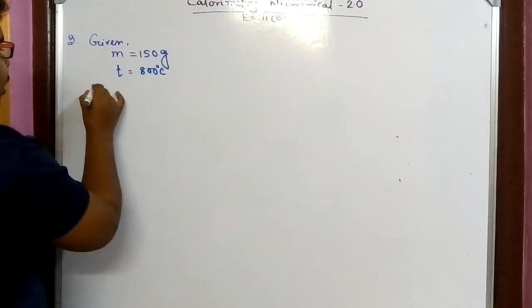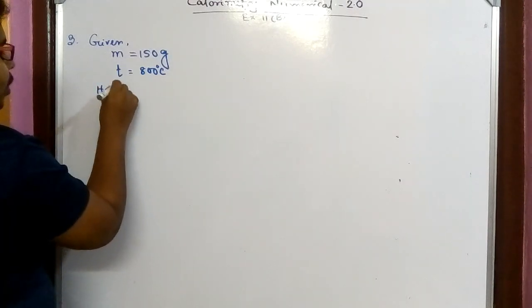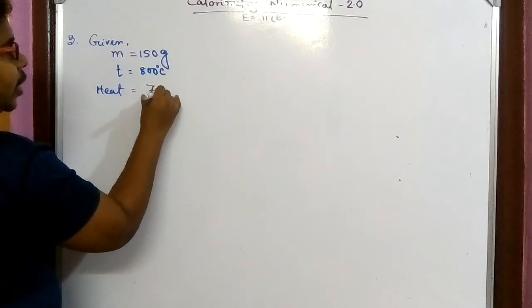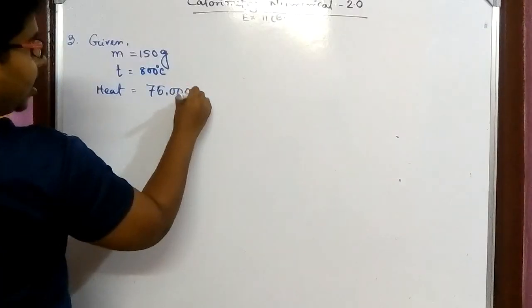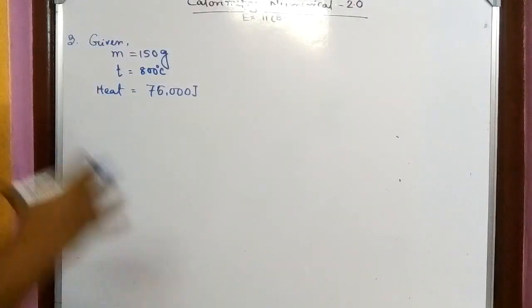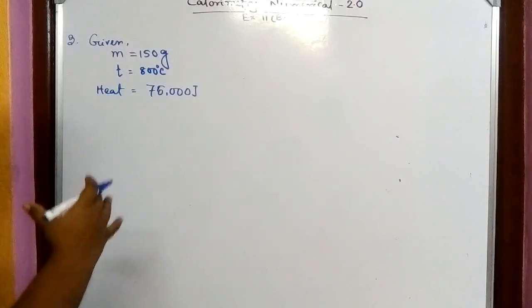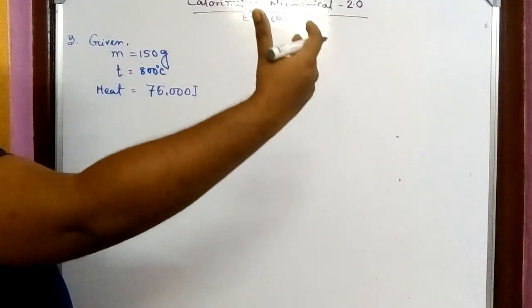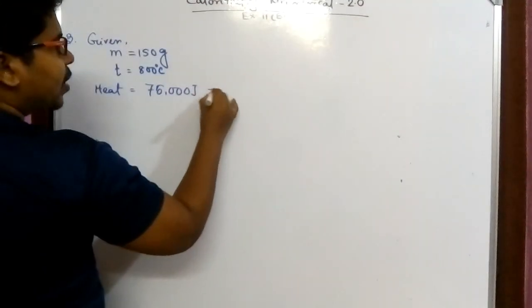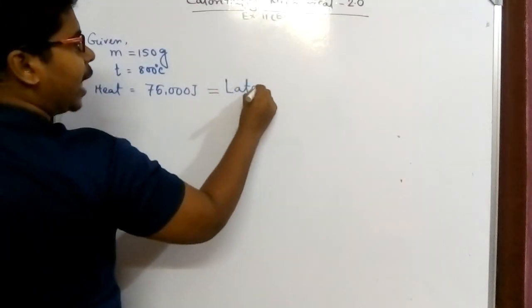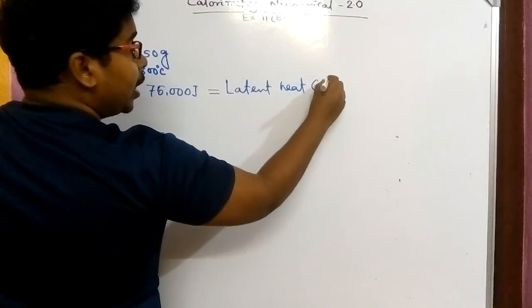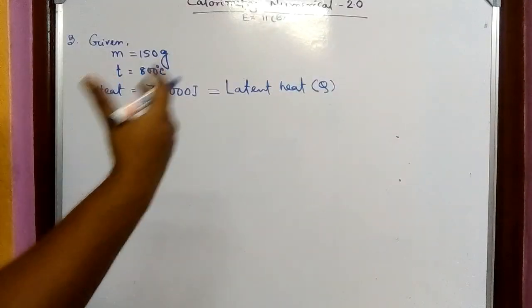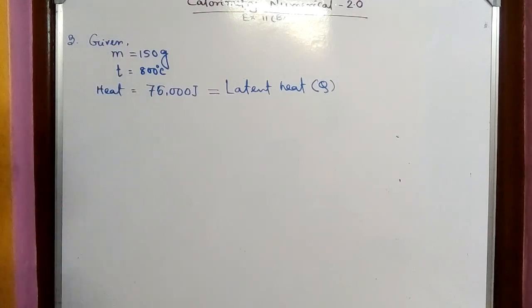The heat is equal to 75,000 joule. Here you have to understand, at the same temperature, whenever you liberate or absorb some heat energy, that heat is nothing but the latent heat. So it is the total latent heat given out by the molten metal.